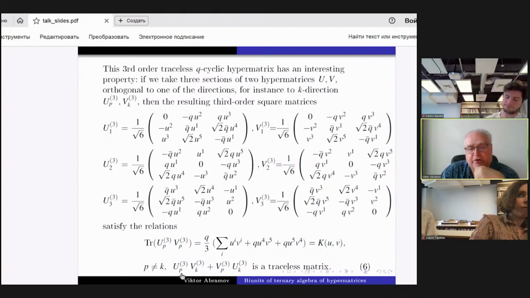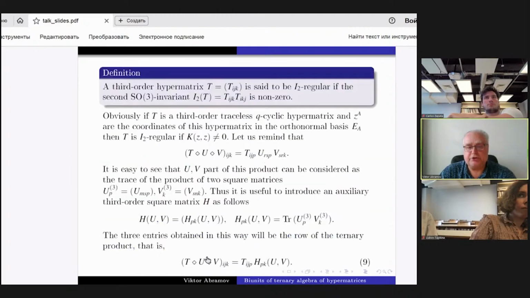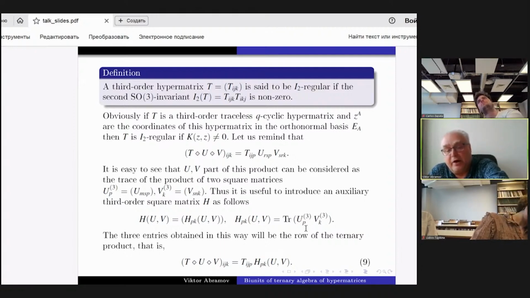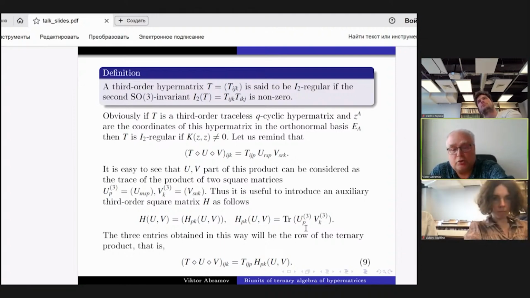But when they're different, and I interchange them, then I have a traceless matrix. Which gives me the following result. If now I interchange U and V here, I will have a minus here, because this is a trace. And the trace of the sum is 0, which means that if I interchange U and V, then I have a minus here. And this shows me that this triple product is antisymmetric, skew-symmetric with respect to U and V. But what does it mean?